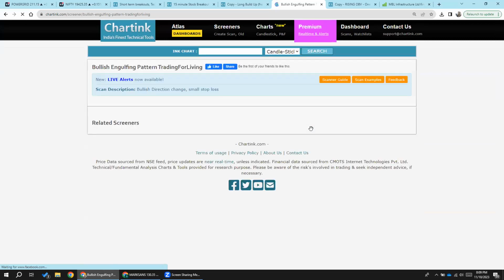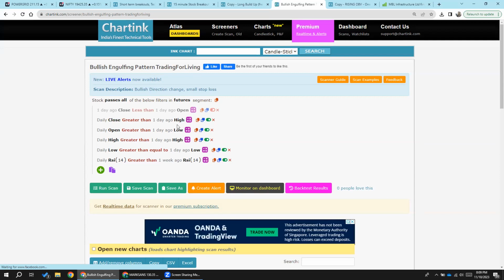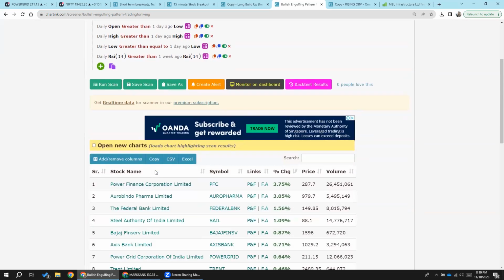It has parameters set as we said: daily close is greater than 1 day ago high, and daily open is greater than 1 day ago low. Daily high is greater than 1 day ago high, and daily low is greater than or equal to 1 day ago low. And RSI is greater than 1 week RSI, so I'm looking for RSI also increasing.